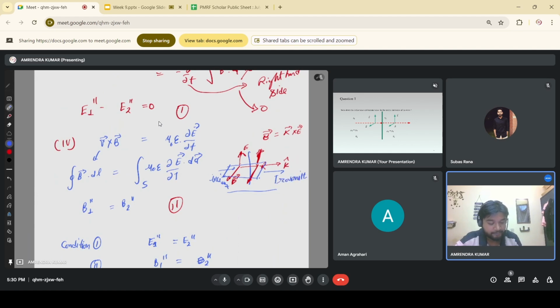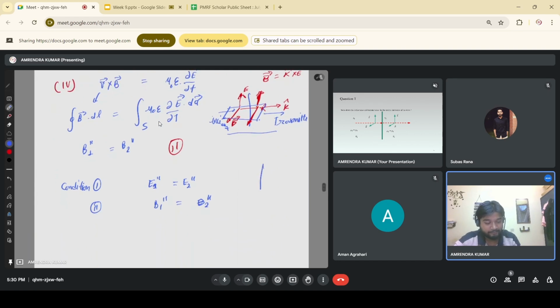If the electric field of the incident wave is in the y cap direction, the B vector is in the z cap direction, and the k vector, the propagation direction, is in the x cap direction.